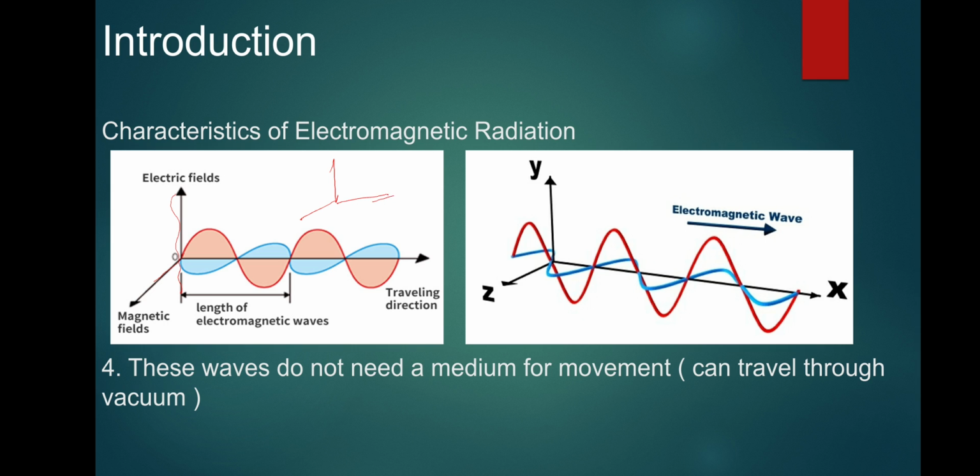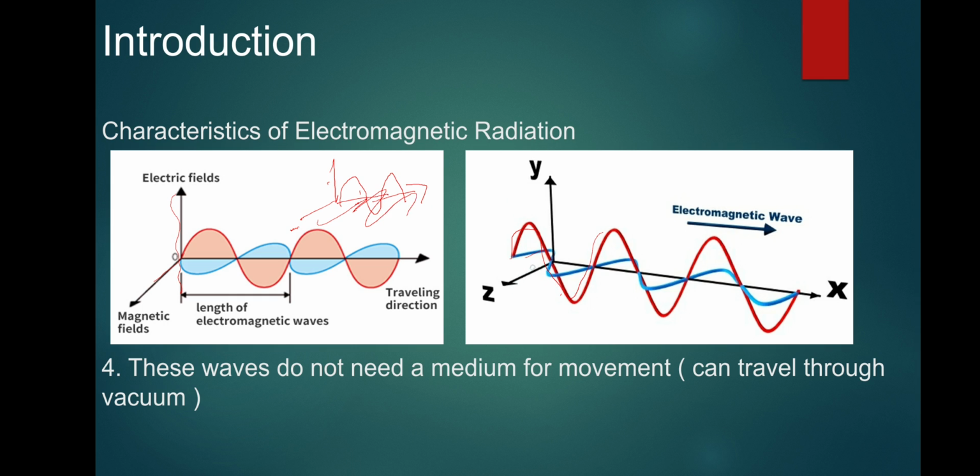If you take the z-axis as the direction of propagation, it has a magnetic field perpendicular to it. Similarly, it has an electric field perpendicular to this and this. That is, if this is y-axis, x-axis is remaining, so that will be through the x-axis.